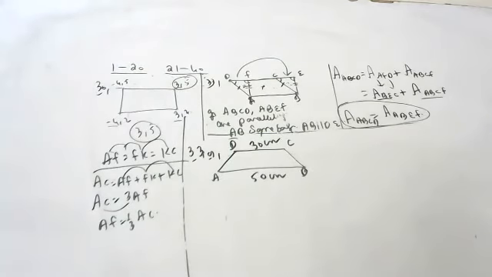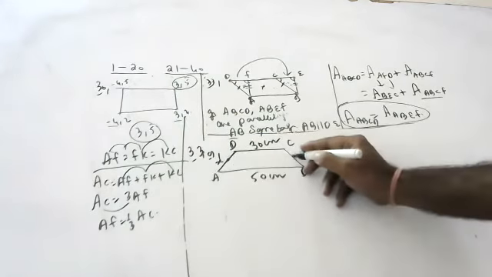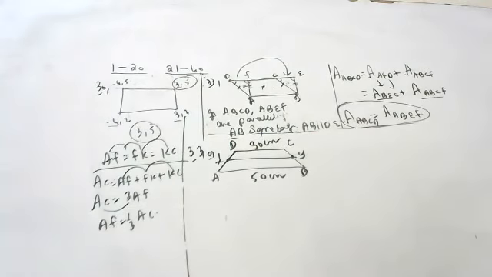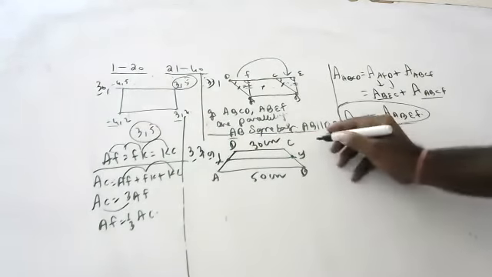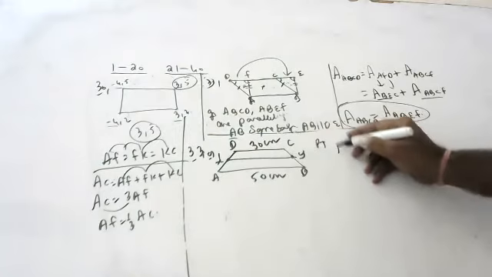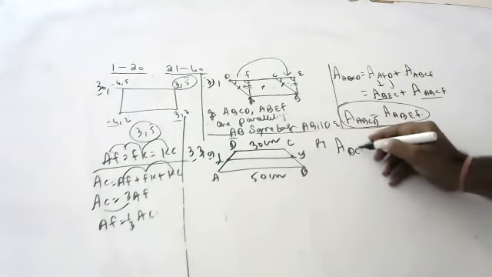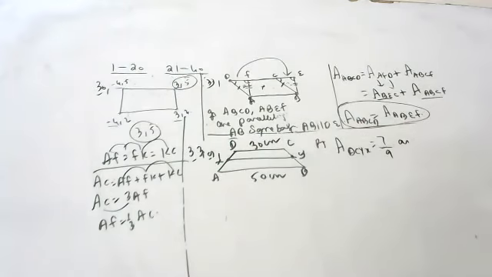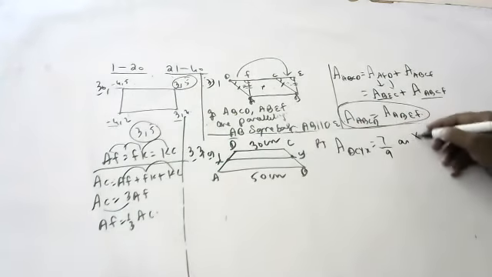If X and Y are respectively the midpoints of AD and BC, and E, this is a midpoint, this is also a midpoint, children. Prove that area of DCYX is equal to 7 by 9 times area of XYBA.